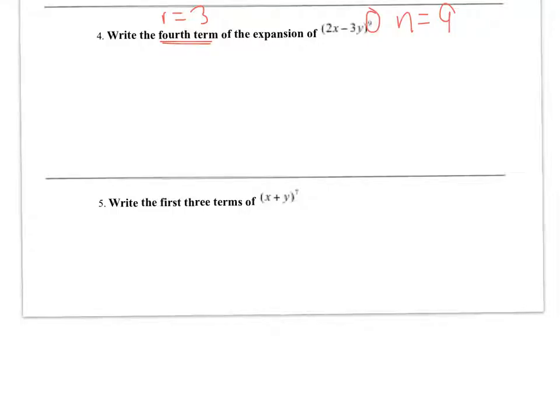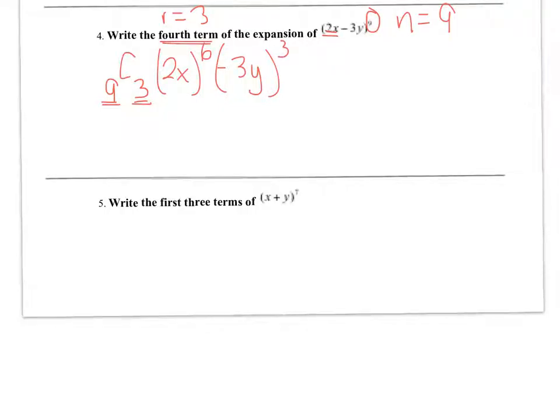So if I want to write it in combination notation, that's 9C3. My a is 2x. Remember, that exponent is n minus r, so 9 minus 3, 6. And then you've got negative 3y is your b. And that exponent is just whatever r is.